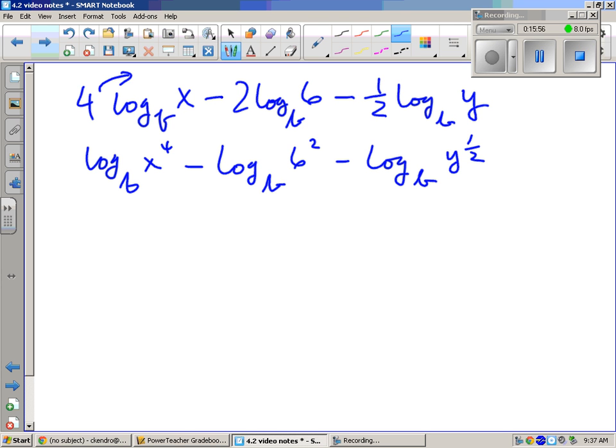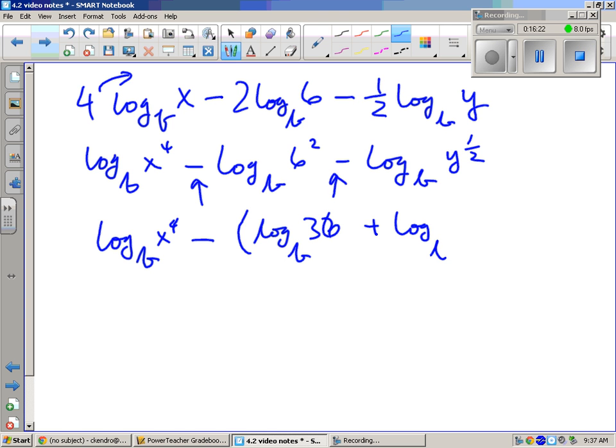Okay, now, see I have 2 subtraction signs here. We're going to turn that into 1. We're going to undistribute that subtraction sign. So what I have is log base b of x to the fourth minus parentheses log base b, now 6 squared is 36, plus log base b of y to the 1/2.